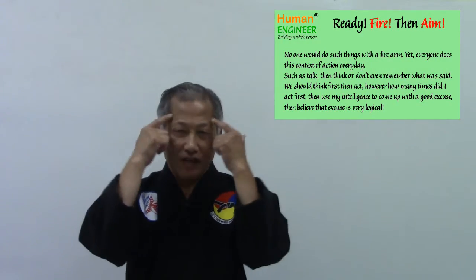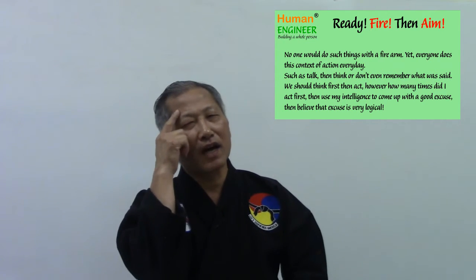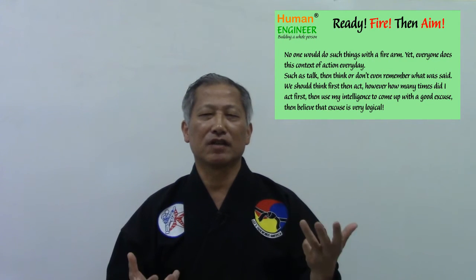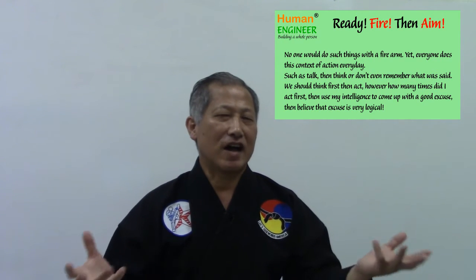We should think first, then act. However, how many times did I act first, then use my intelligence to come up with some good excuse, and believe that excuse is very logical? How ironic is this?